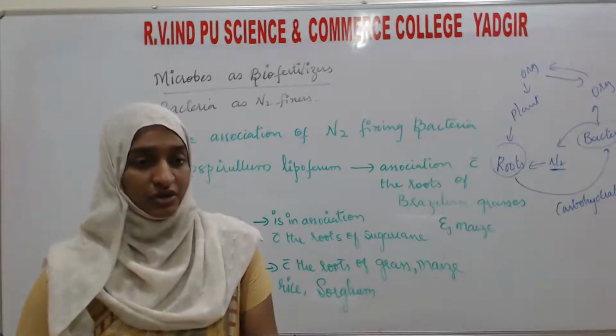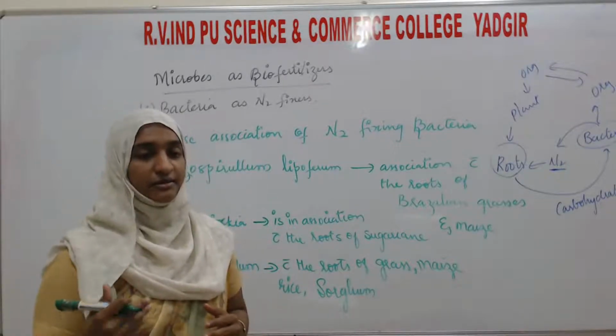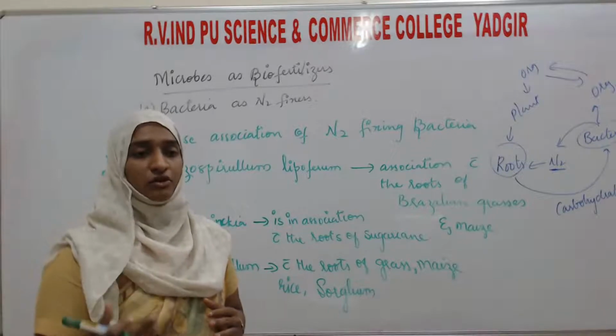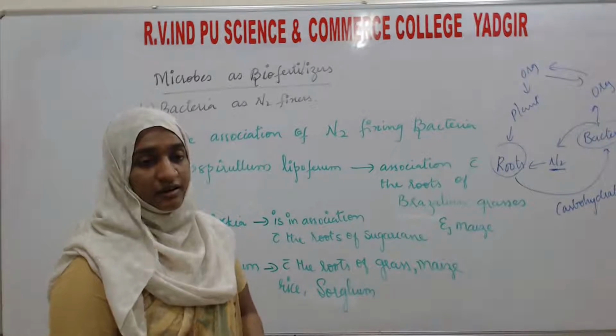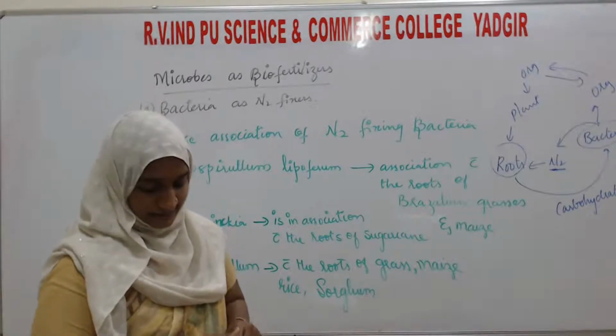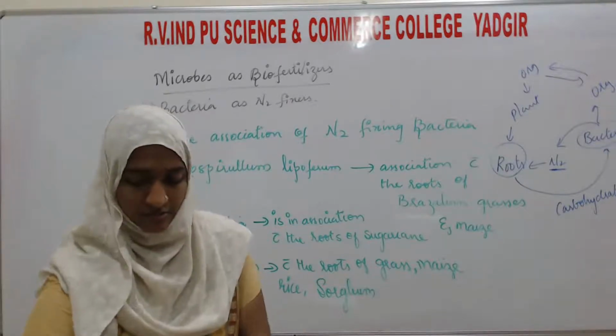Next, the third type of bacteria. First is the rhizobial bacteria. Second is the bacteria which are in close association. The third type is free living bacteria, which will act as a biofertilizer. So let's see here, free living bacteria as biofertilizer.